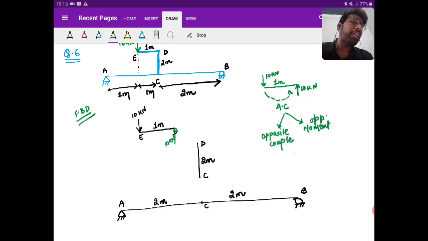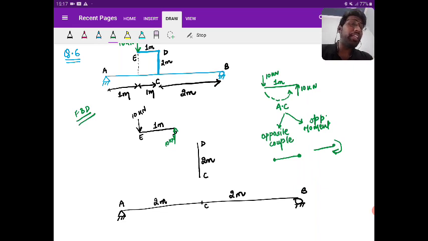When you apply an opposite couple, there must be two support positions where you can see the resistance, right? You need two positions for resistance, whereas for an opposite moment you require only one point which can resist the moment. That's it. Is it clear? Understood this point?